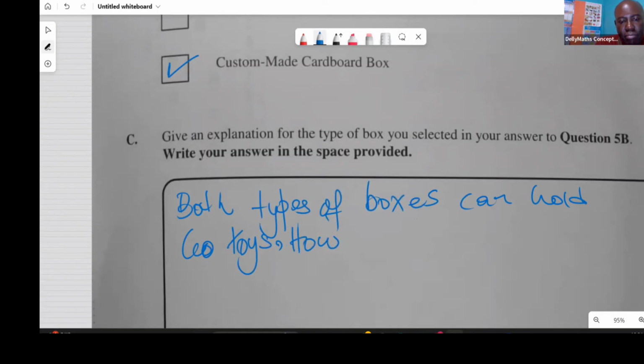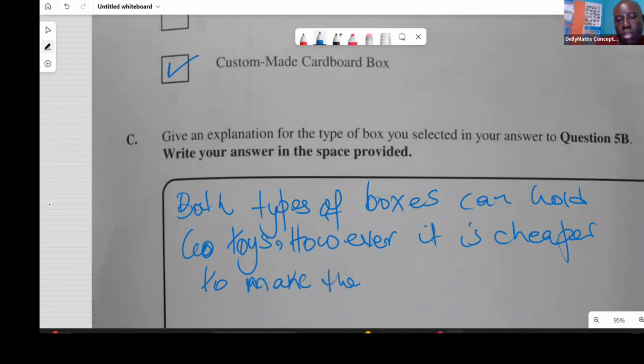However, it is cheaper to make the custom made box.